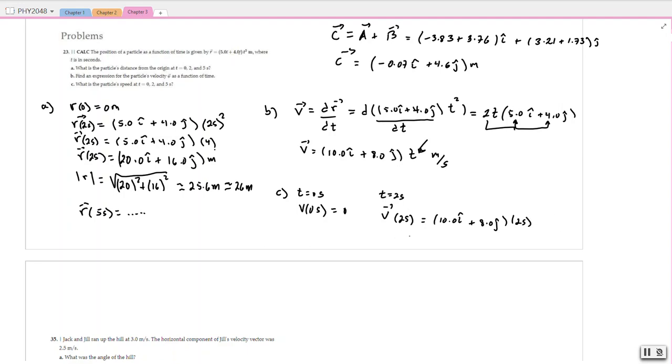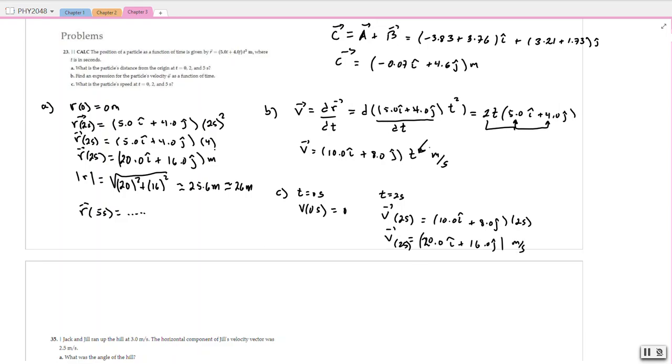And then now we're going to get that v of 2 seconds is 10 times 2 would be 20.0 i plus 16.0 j in meters per second.